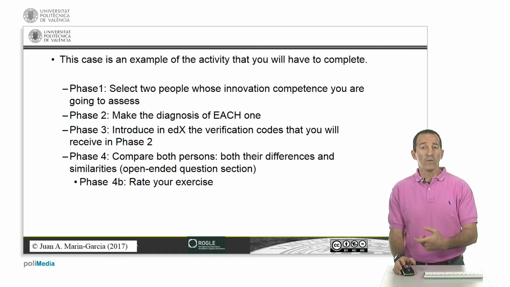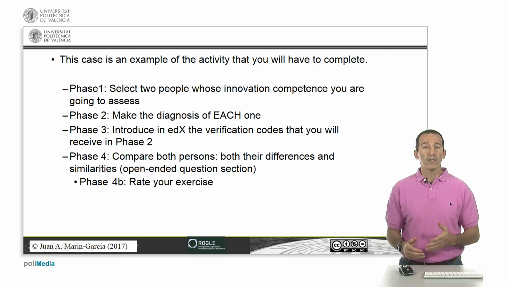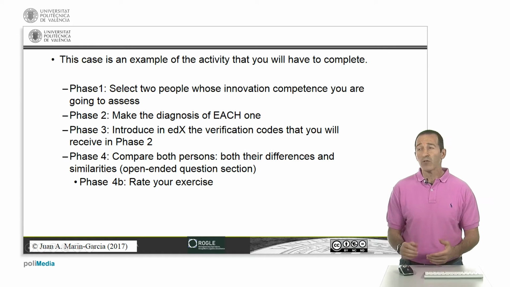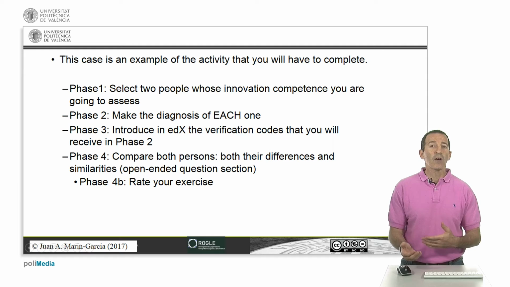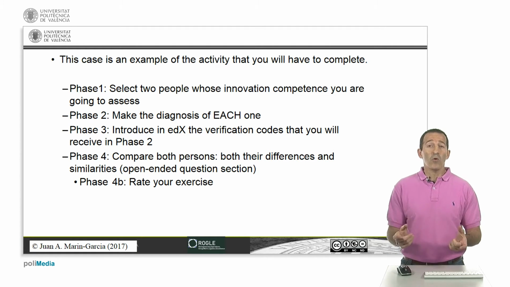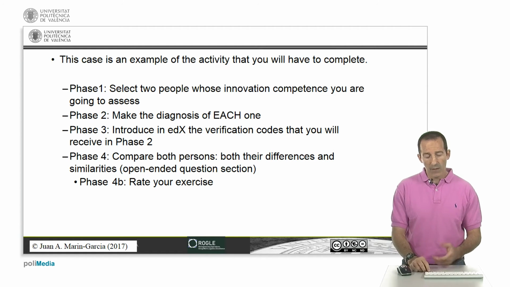I'll tell you how to do that later. Finally, you'll need to compare the 2 assessments you have and comment on their similarities and differences. This is an open-ended activity, and you'll evaluate your own performance using the rubric I've given you. So let's go through the model example step by step.